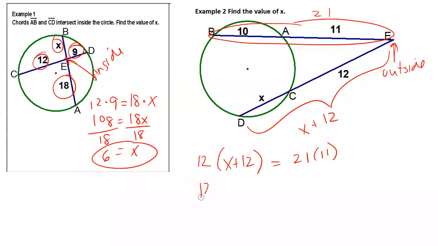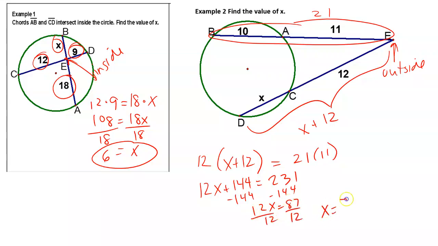If I distribute to my 12, I get 12x plus 144. If I multiply 21 times 11, I get 231. I'm going to subtract 144, which gives me 12x equals 87. I'm going to divide by 12, which would give me 7.25.